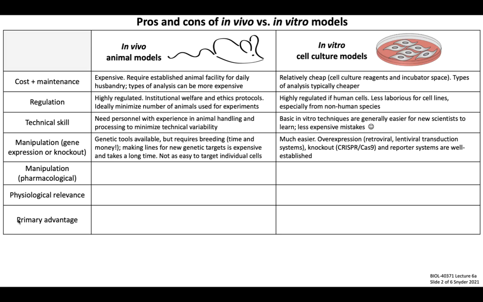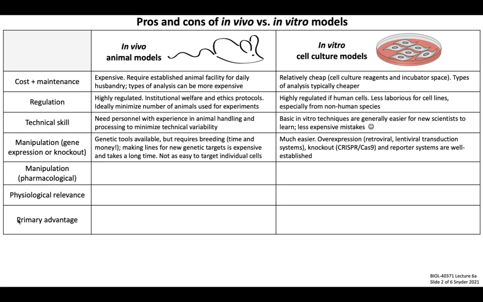Beyond those first few metrics, we can also compare these models across things that actually affect the types of experiments that you can do with each one, starting with the ability to genetically manipulate mice and cells. Part of why mice are such a popular model organism is because there are extensive genetic tools available in terms of mouse strains that lack certain genes, overexpress other genes, or have things like fluorescent reporters that are related to a given pathway.